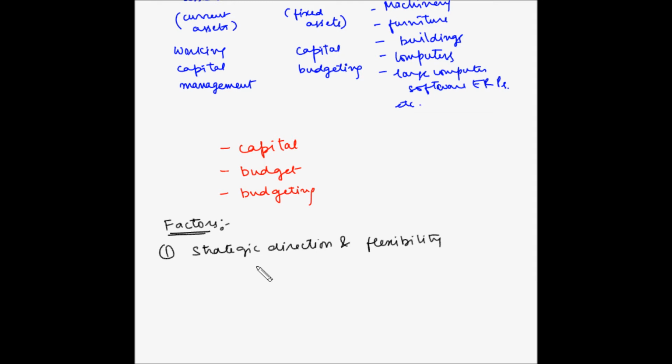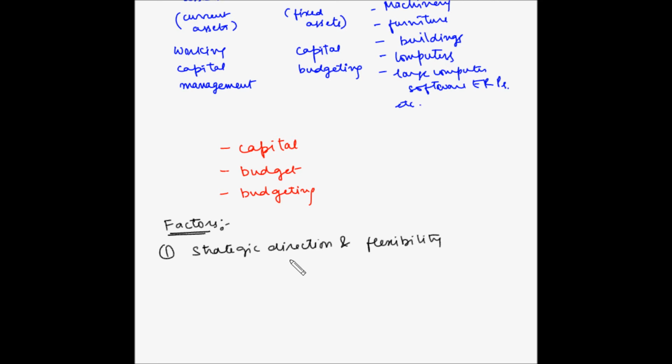If a company wants to manufacture new products or expand to a new location, the company will have to buy new machinery, buildings, furniture, etc. Now, these decisions, once made, may lock the funds for a long period of time. The firm may lose flexibility, and moving funds in and out of capital expenditures takes a long time.